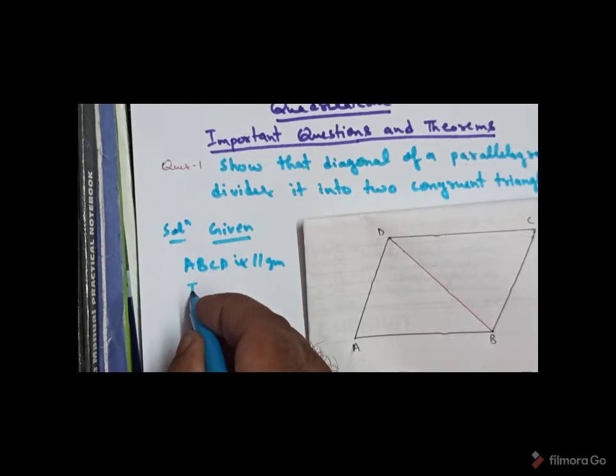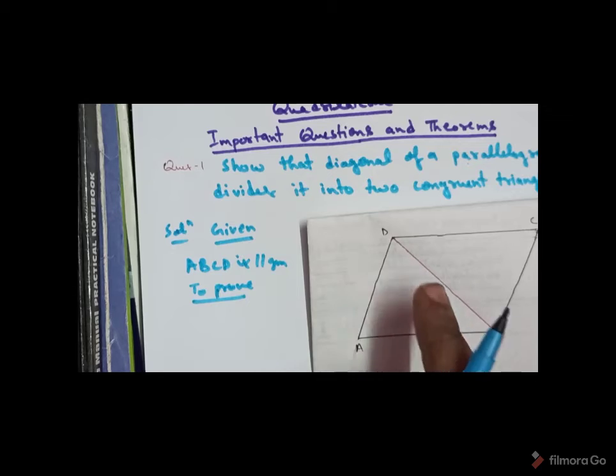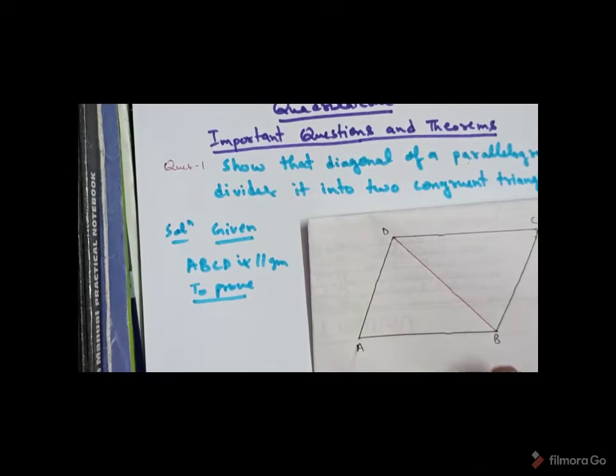We have to prove that this diagonal BD is dividing the given parallelogram into two congruent triangles. That means triangle ADB and triangle CDB are congruent with each other.